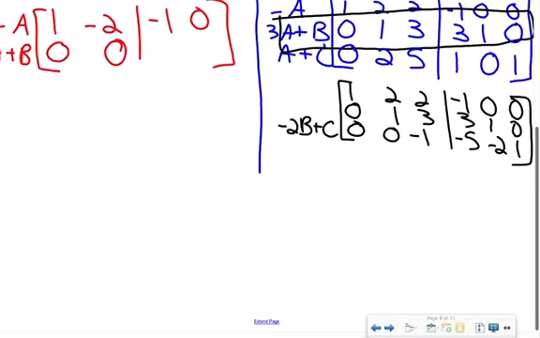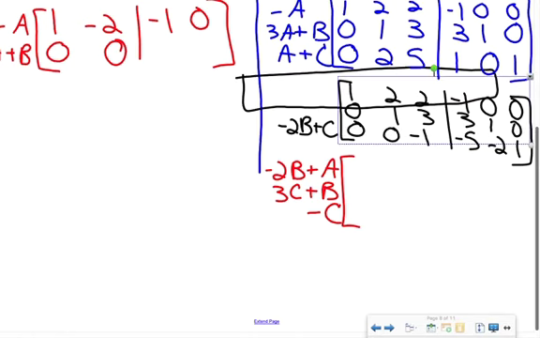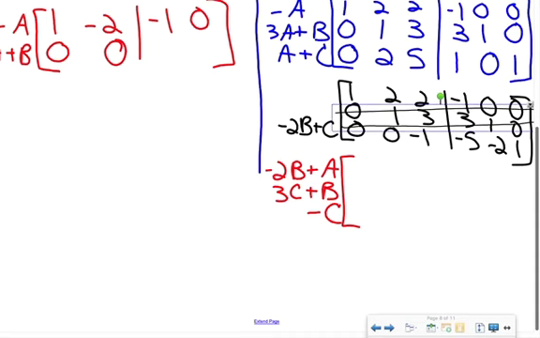For row A, I'm going to multiply row B by negative 2 and add it to A. For row B, I'm going to multiply row C by 3 and add it to B in order to get rid of the 3 in row B. And then I'm going to go ahead and change the signs in row C. So, again, for the sake of clarity, this is the row B that I'm doing stuff to right now.